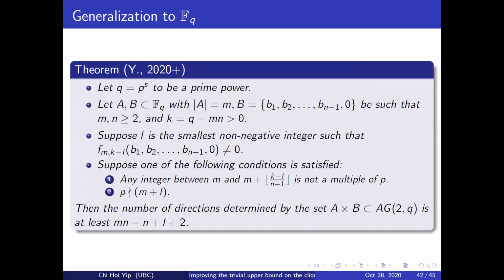Okay, so again, we need one of these two conditions to be satisfied. And for condition 2, it may be difficult because we don't know the exact value of l. l is the smallest non-negative integer such that this polynomial evaluated at set B is non-zero.